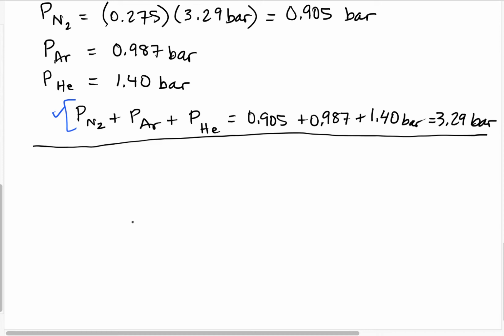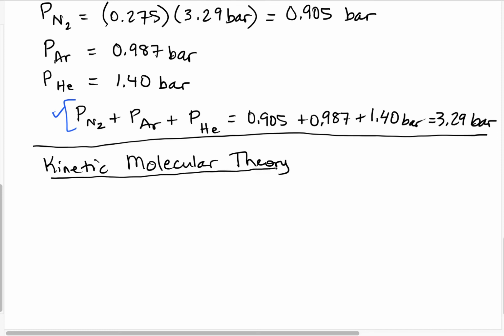And so we have a more expanded theory that we're going to briefly talk about called kinetic molecular theory that helps us understand why these gas laws work the way they do. And so if you've been having a hard time getting your head around why when we increase the pressure, the volume decreases, I think this will help a lot.